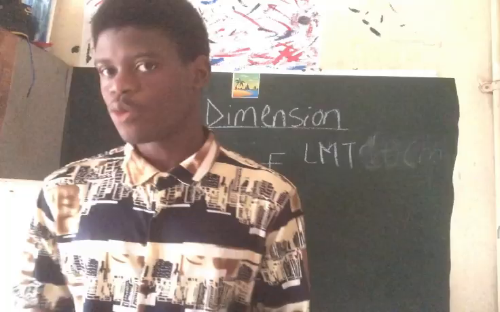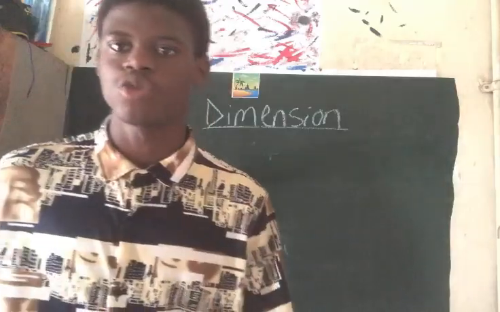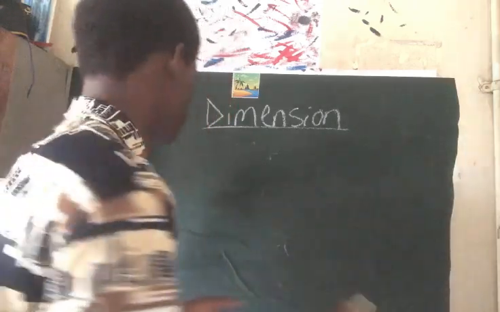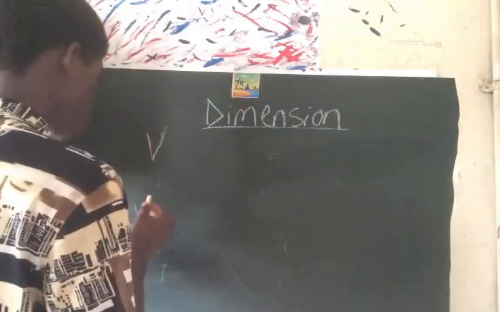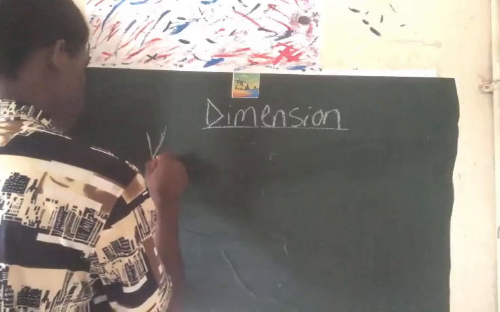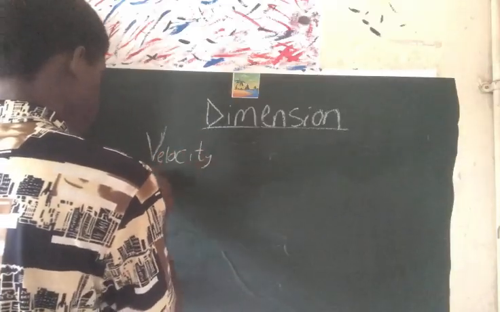So there are some basic examples. There are some quantities you need to know their dimension offhand. Like you don't need to prove those stuffs. You need to know the one for velocity. You need to know the one for acceleration.